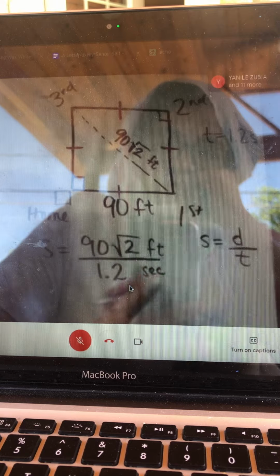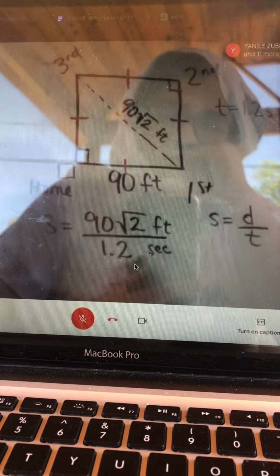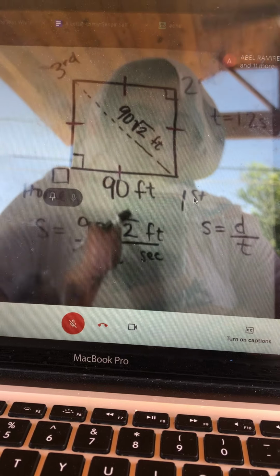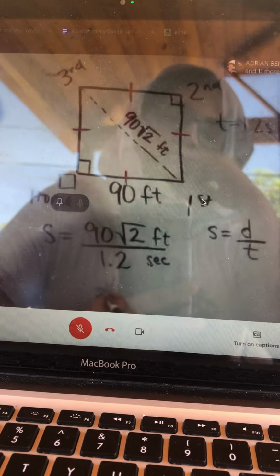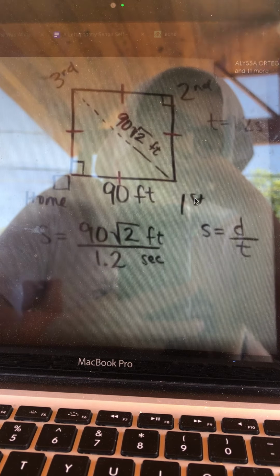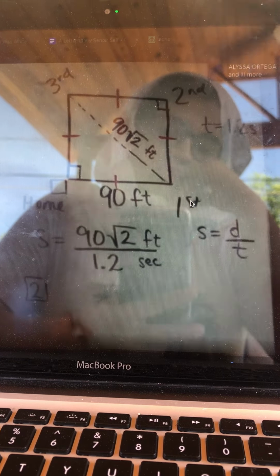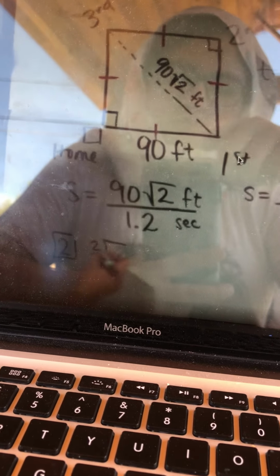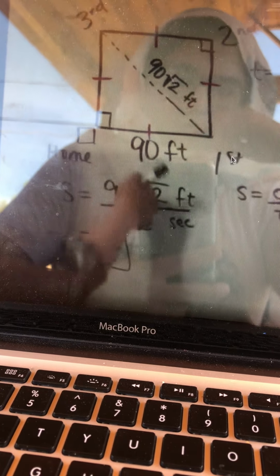It's feet per second. So do me a favor, do this calculation. If you have an iPhone, here's what I suggest you do. Here's how you type it in if you have an iPhone. I did 2, I pressed that button, and then I hit the square root button. That gives you the square root of 2.